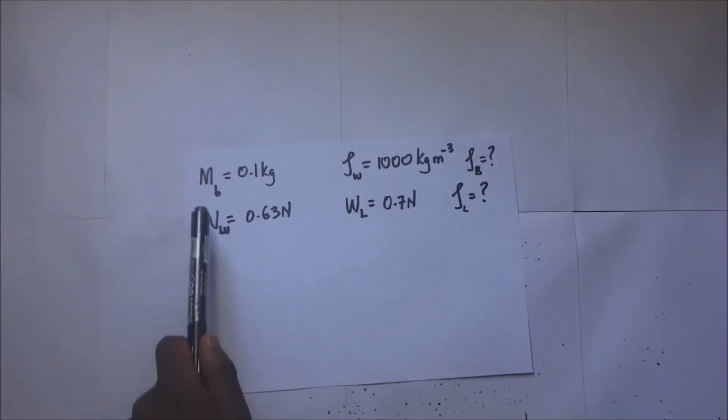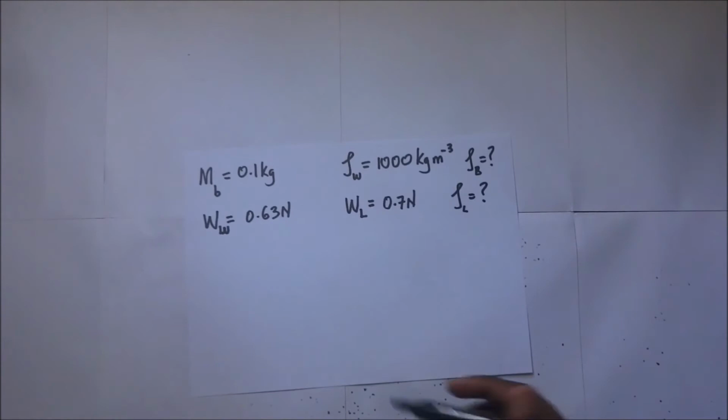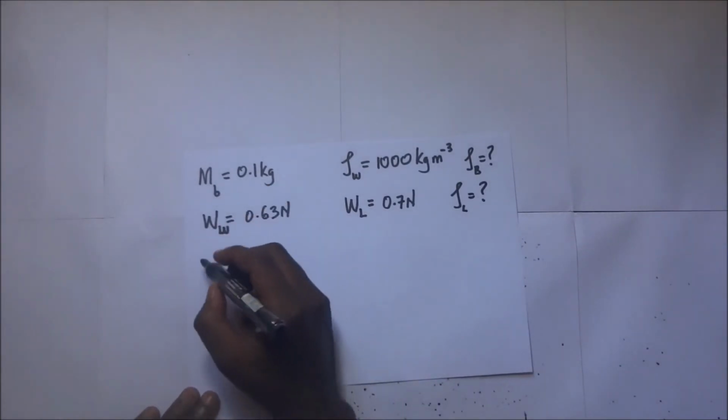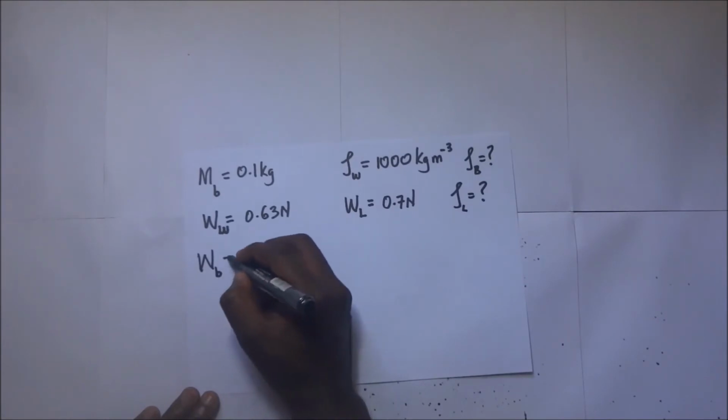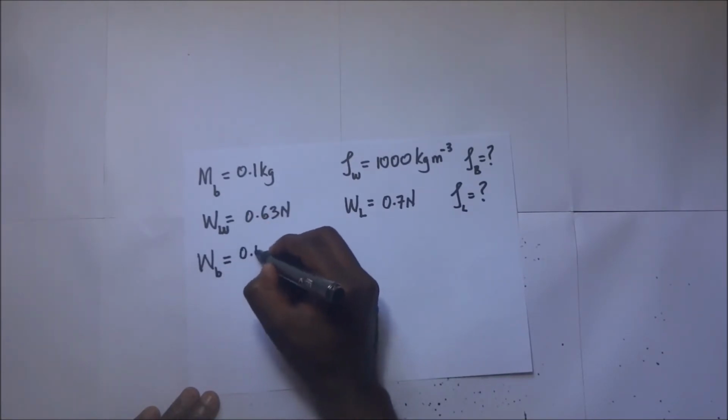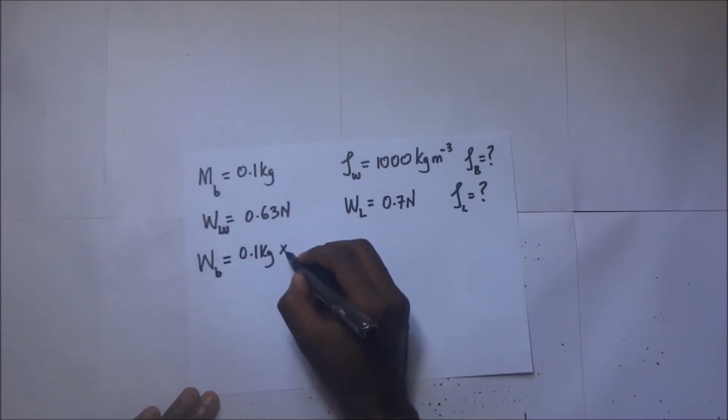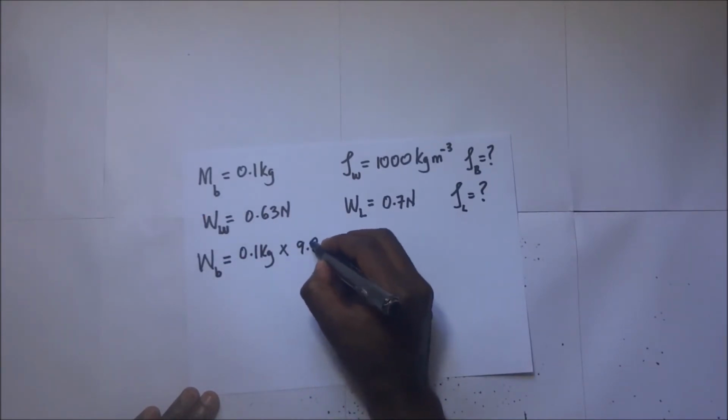First of all, let's find the weight of the block. We know that the mass of the block is 0.1 kilograms. So the weight of the block in air is going to be 0.1, the mass of the block, multiplied by the acceleration due to gravity, which is 9.81.